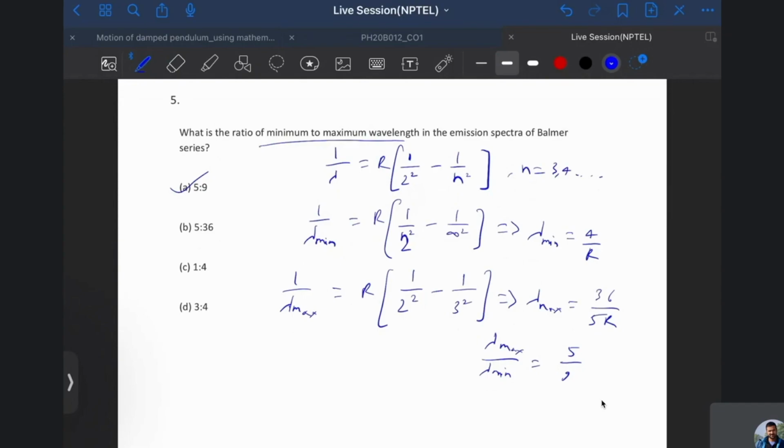It will be the same type of problems. If you know the basic concepts, it will not be much difficult.